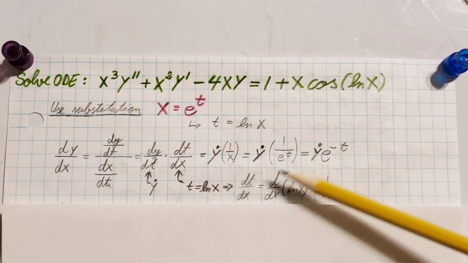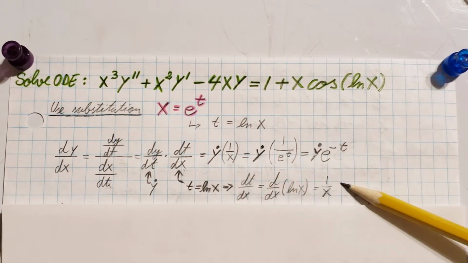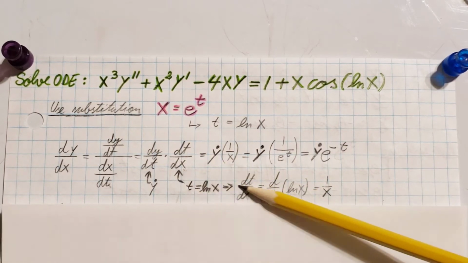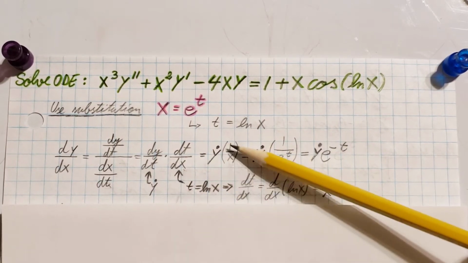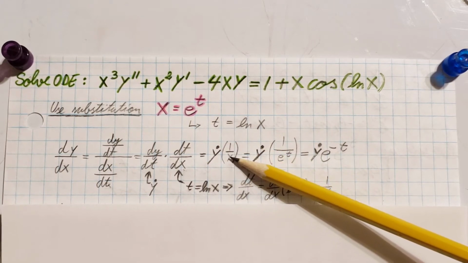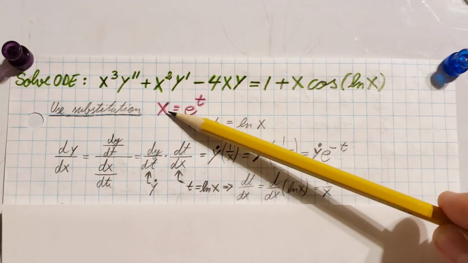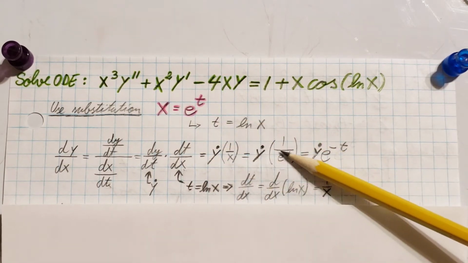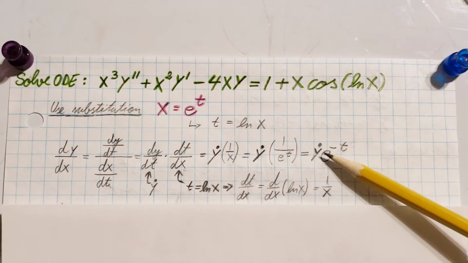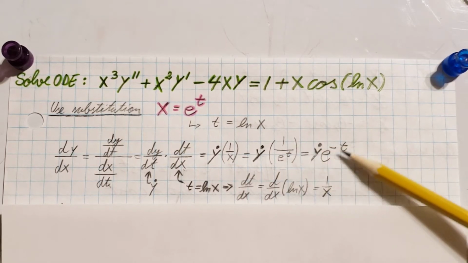It's simply the derivative, and it's going to give me 1 over x. So I'm going to substitute these two back in. There you have it. But 1 over x, we have an x. We don't want x's, right? So let's substitute it out with e to the t. There it is, 1 over e to the t, which is y dot times e to the negative t.